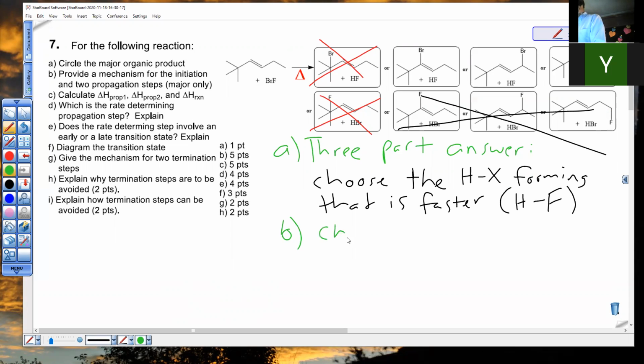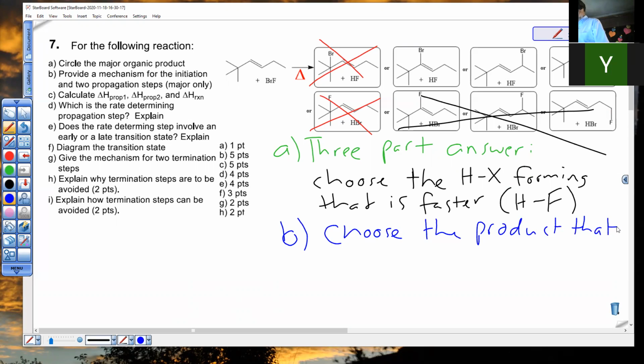Choose. Let's do it in a different color. B. Choose the product that comes from the easier CH breaking.